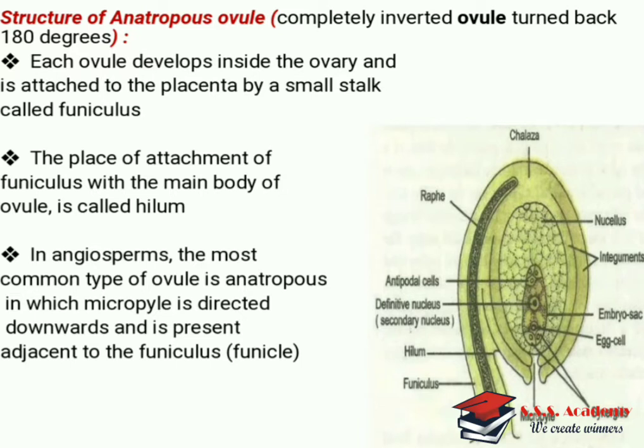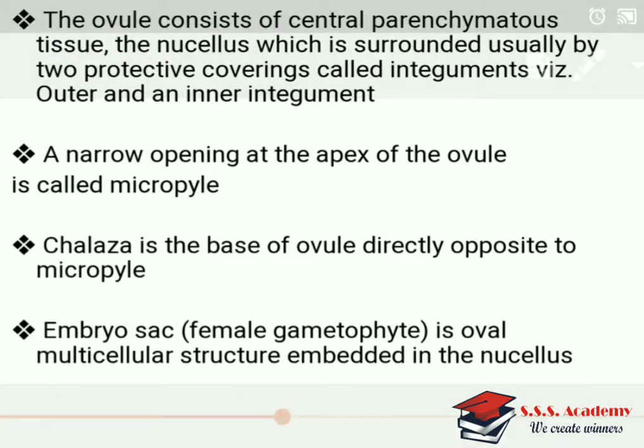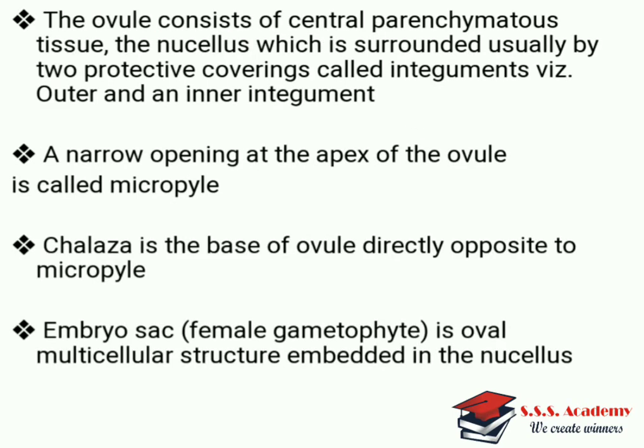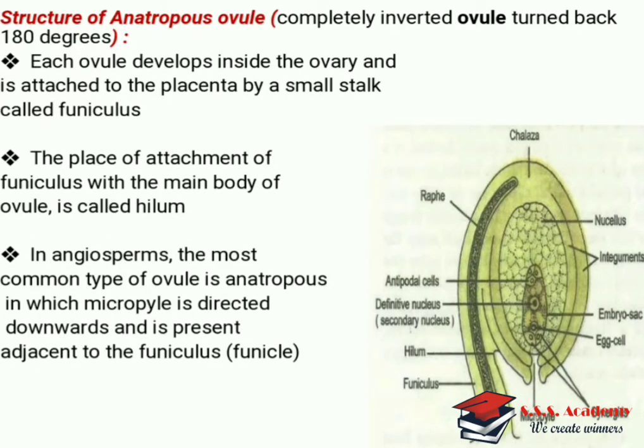The ovule consists of parenchymatous tissue, the nucellus, which is surrounded usually by two protective coverings called integuments, the outer integument and the inner integument.